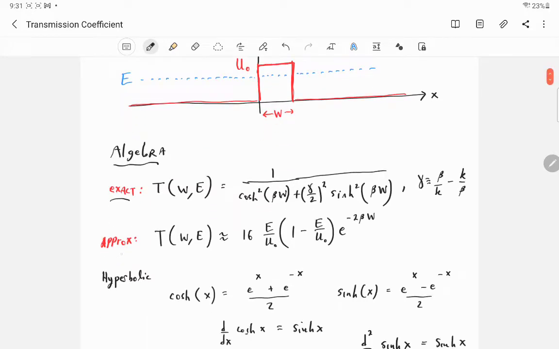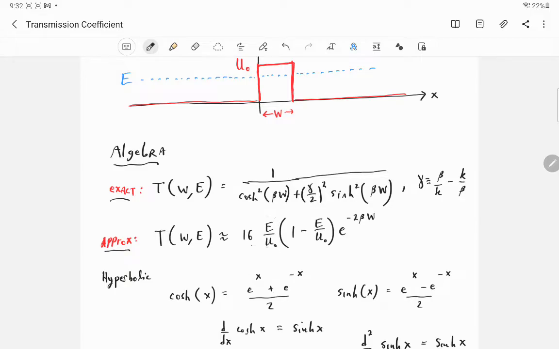Now, if you think about it a little bit, you can come up with this approximation, which approximates this form up here. And this approximation, if you look at it, is pretty basic. It's simple to understand. I've got a number 16. I've got the ratio of the energy to the potential energy, so this is a fraction.